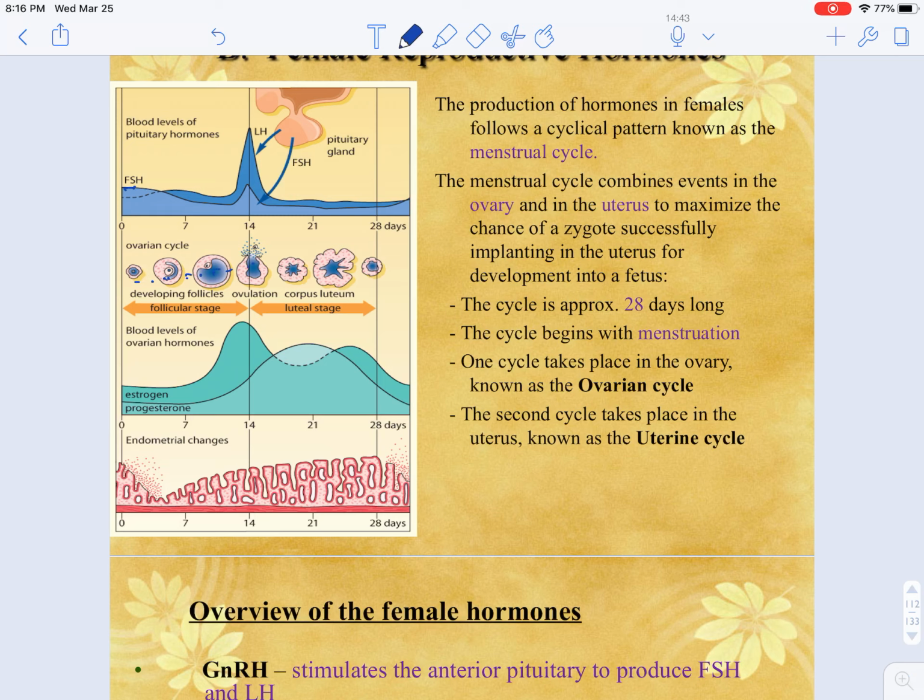So it's starting development at the beginning of our 28-day cycle. The egg is released at halfway through the 28-day cycle, so day 14. And the corpus luteum sticks around until it knows whether there's a pregnancy or not, so it can keep making progesterone just in case there is a pregnancy.